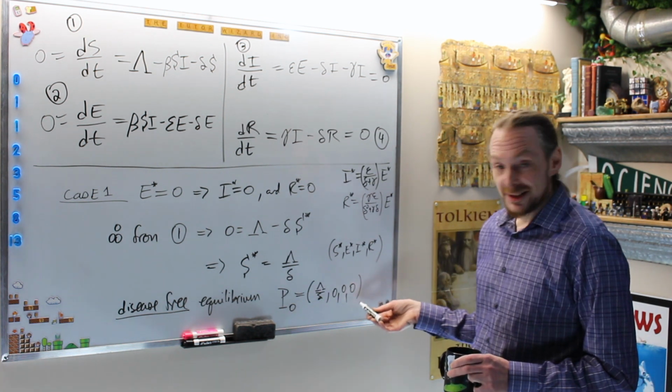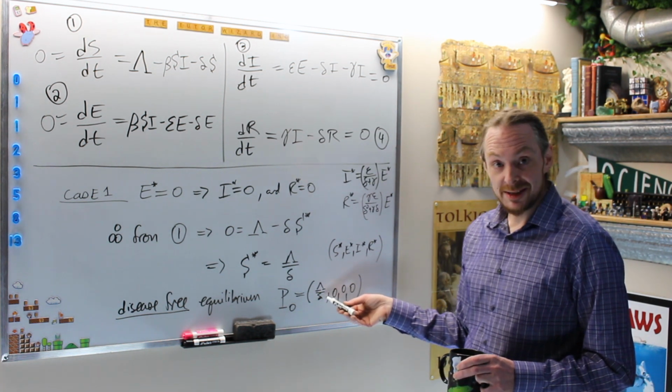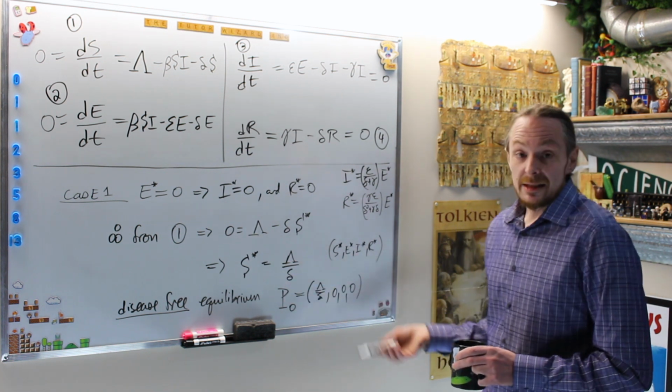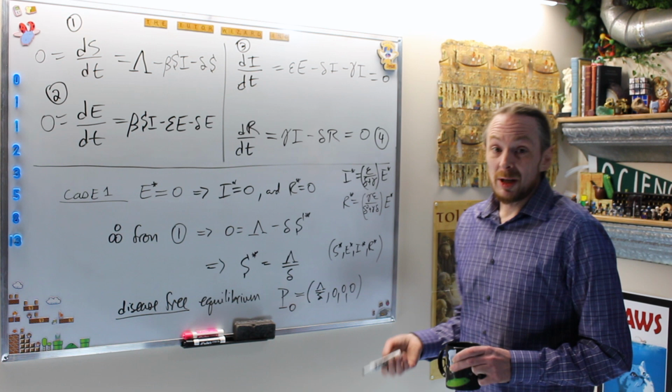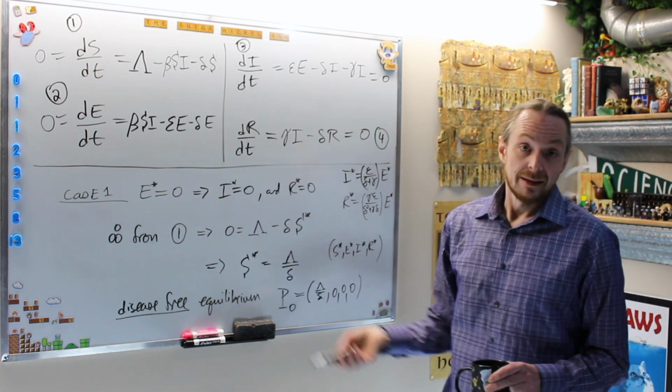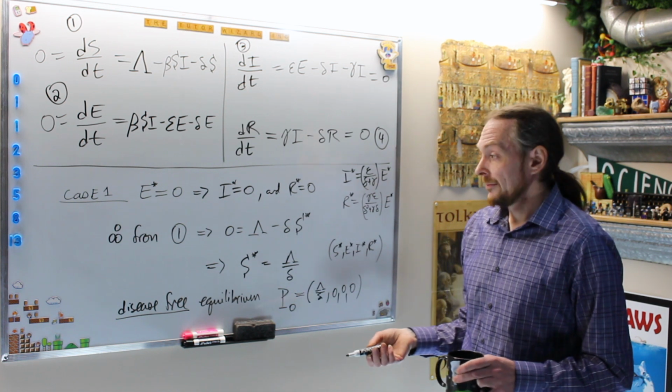Remember, if you add these things, this plus this plus this plus this, it is less than or equal to that. So it's in our feasible region. So this is called the disease-free equilibrium in that region. And that's the only equilibrium we get when E is 0 in case 1.